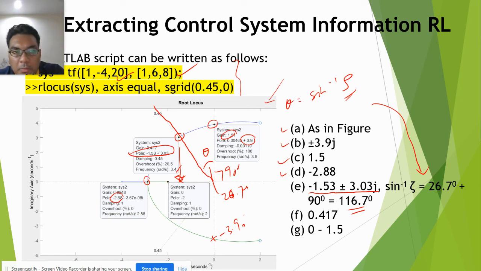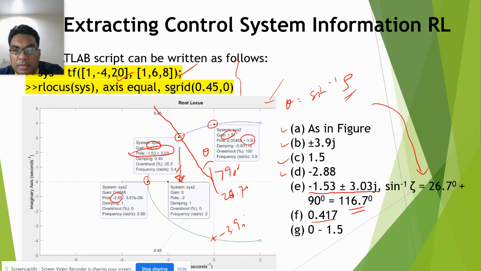The next one is to find the gain K at the crossing point, so 0.45 here. You can directly get the K gain here, 0.417.